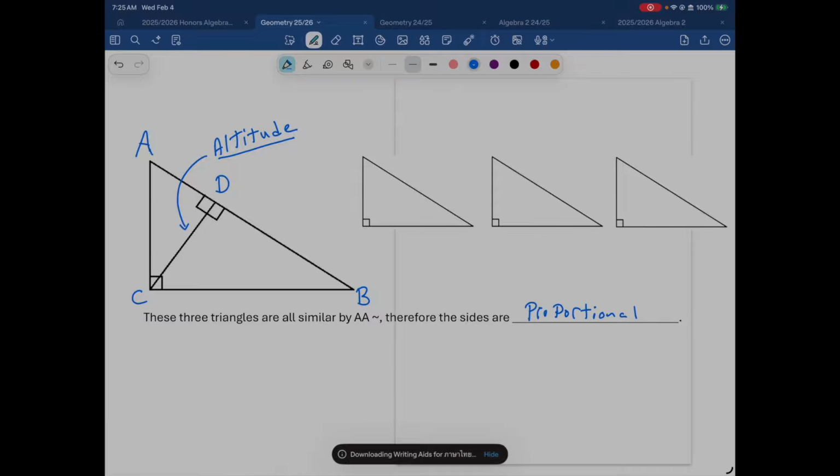So we can set up proportions in here to solve the different sides.